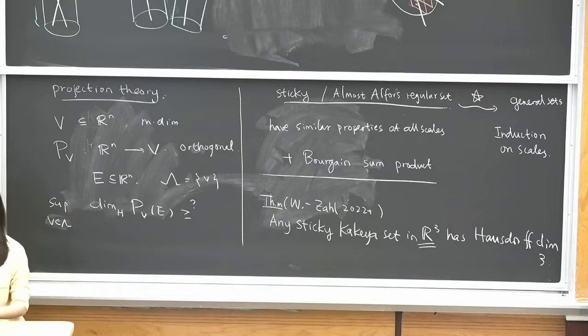Yes? Maybe this is better for after, but can you quickly say how you go from the Kakeya assumption to, like, that first seems to get a lower bound on the size of T, and here you're getting an upper bound on the size of T?